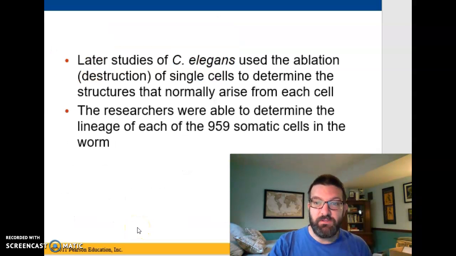And C. elegans is an excellent example of fate mapping because it forms eventually exactly 959 cells in an adult. So it's very small. But developmental biologists were able to fate map every single one of these 959 cells ultimately from the blastula and the zygote.